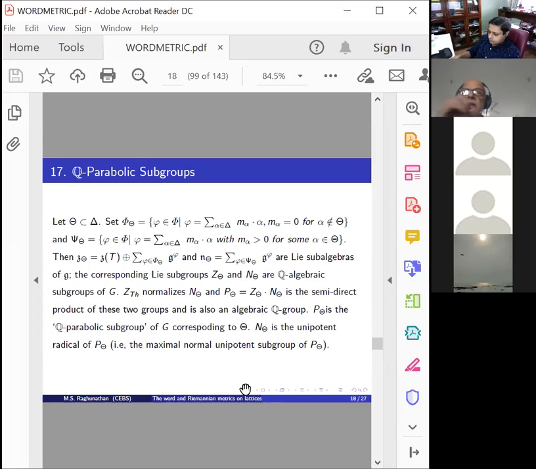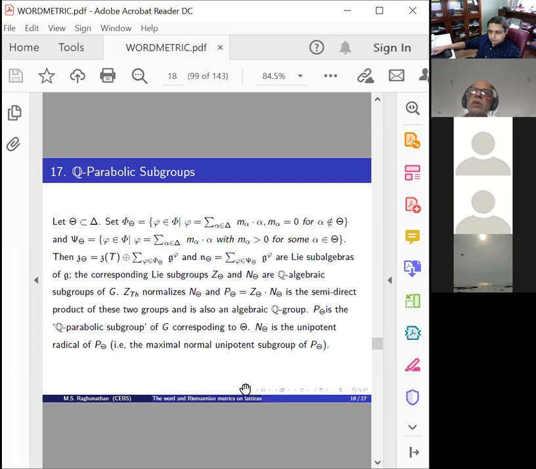Perhaps I should mention that if you look at the special case of SL_n, the parabolic groups are all obtained this way. You take some number of diagonal blocks, split the standard basis of the vector space, partition it, and to that partition you get a number of diagonal blocks. Then you take all matrices above the diagonal blocks, including the diagonal blocks, and that will be a parabolic group.